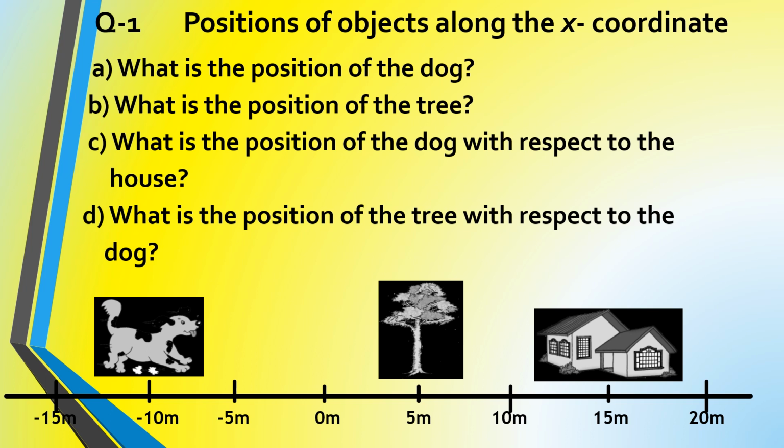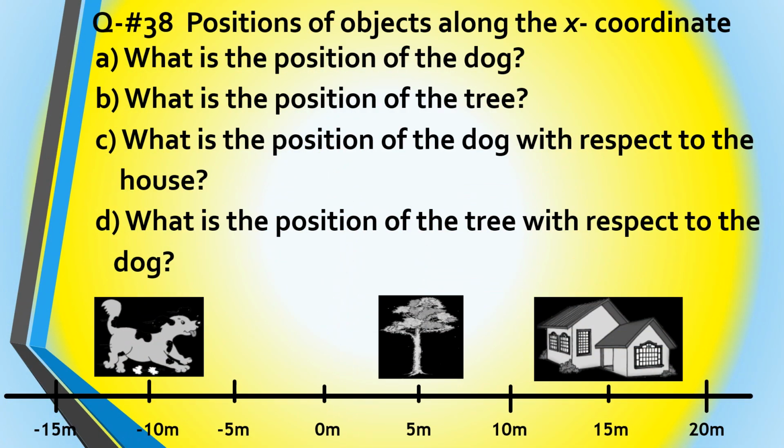So for letter A, question letter A is asking for the position of the dog. All we have to do is just look at our diagram and locate where the object is, as indicated by the positions.